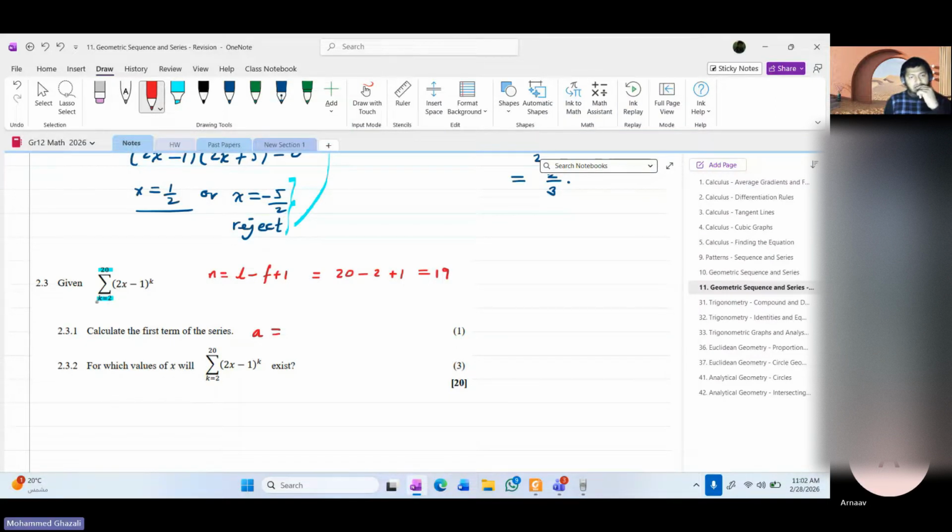So the value of k is 2. So you're substituting 2 to the power, so it's just 2x minus 1 squared. That's your first term. For which values of x will this entire series exist?